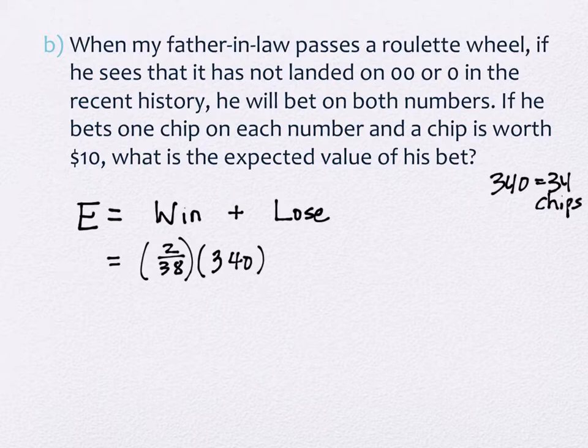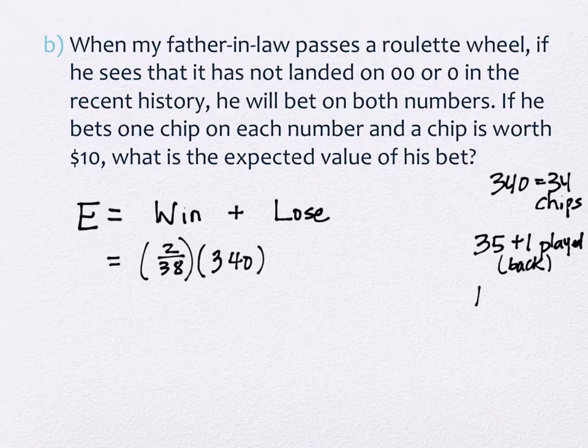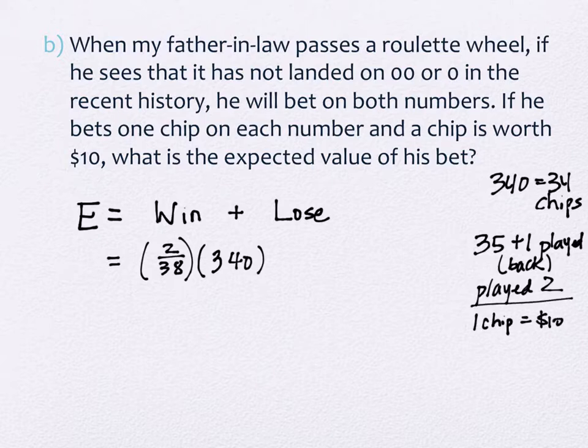Our 34 chips come from the fact that we got 35 plus the one that we played back, and we played 2. When you're looking back at this later, I want you to remember where 340 came from. And then, of course, one chip equals $10. Okay, so $340 is what he wins.